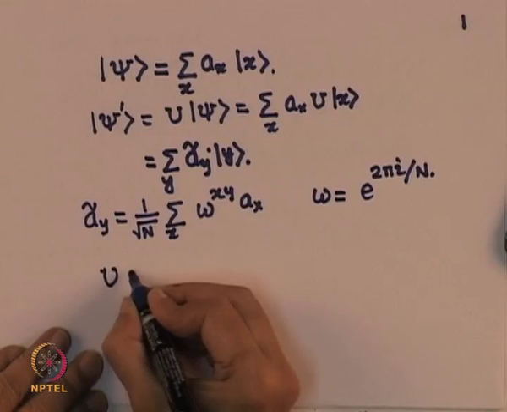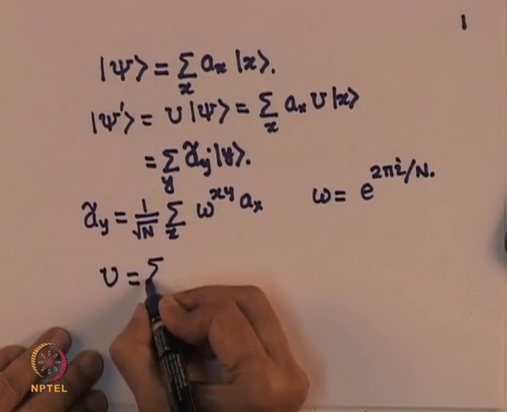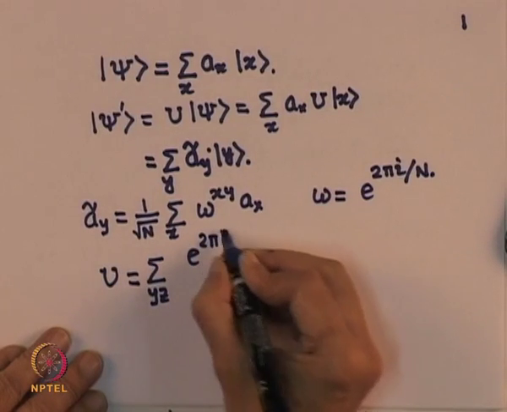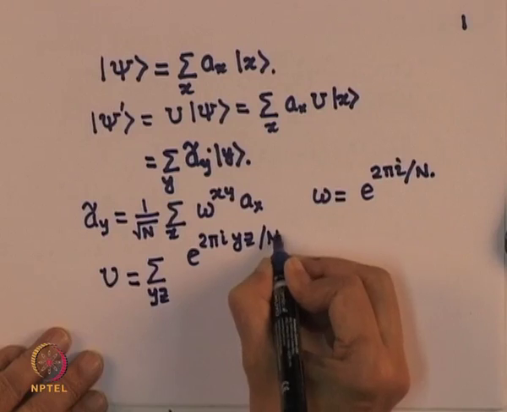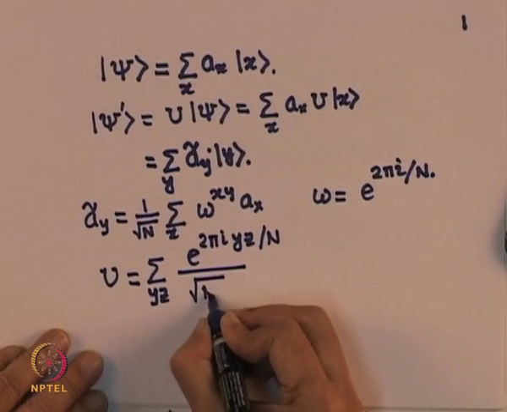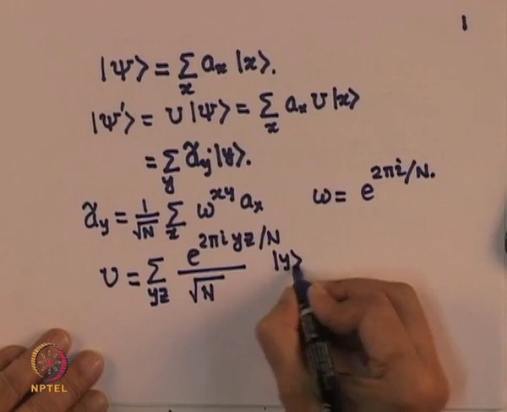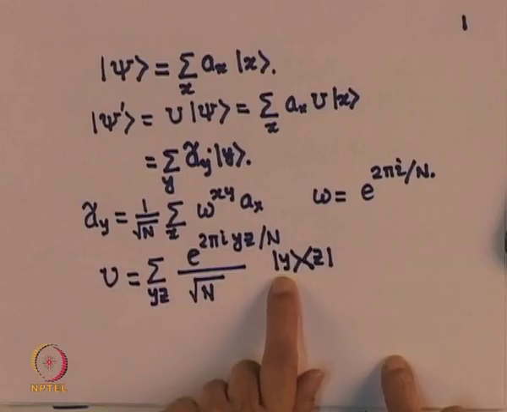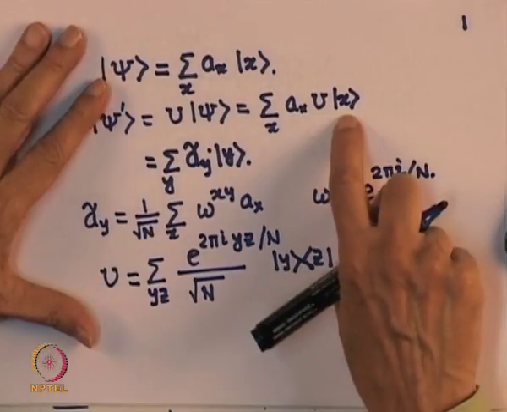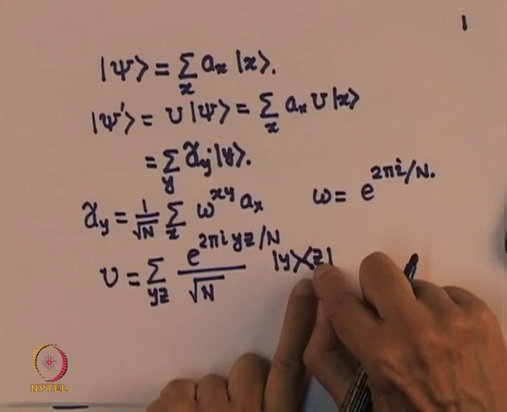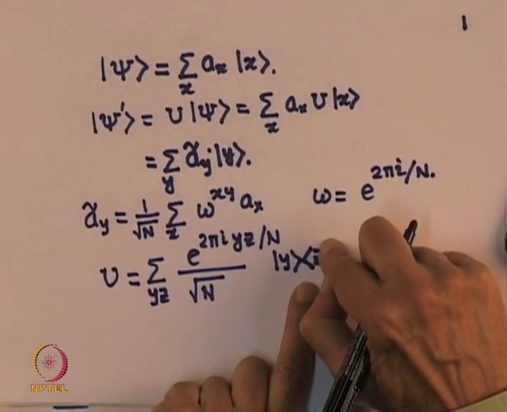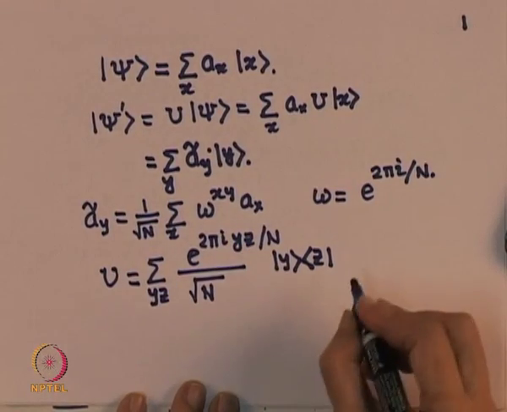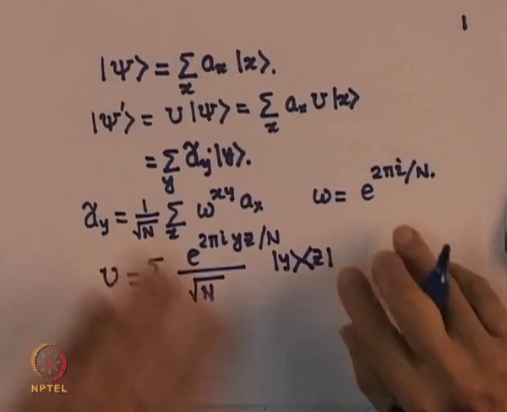As a result my U has a structure which is sum over y,z e to the power 2 pi i yz over N by square root of N, and you have |y><z|. You can see that this U acting on this here will, because z must then be equal to x, give you the right factor that you want there. So this is the type of operator that we are looking for.